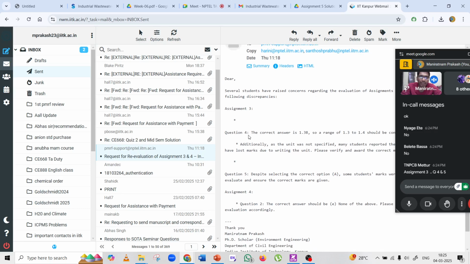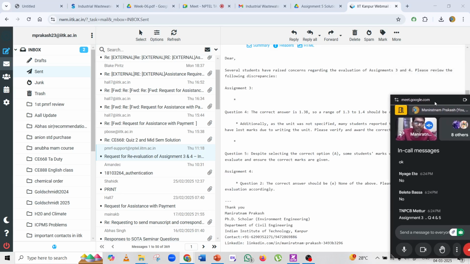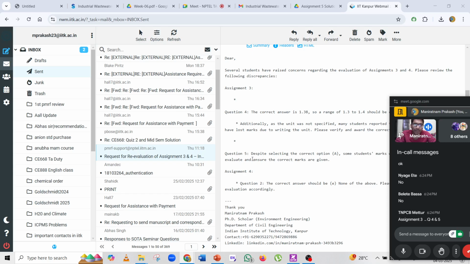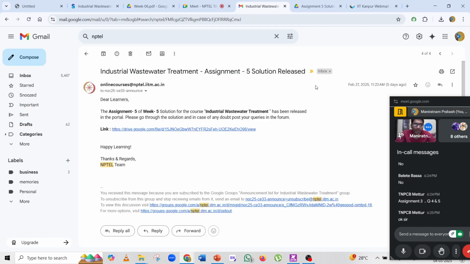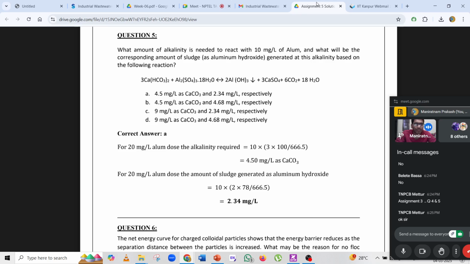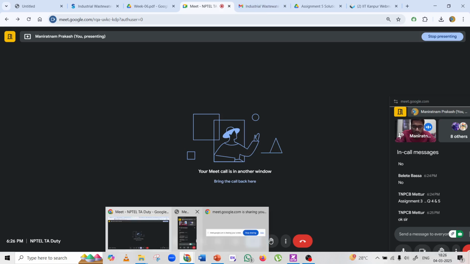You can see assignment 3, question number 4. Whatever problem you have said, I have already mailed. Question number 5, despite the correct answer, I have already mailed them. It will take some time for final resolution, but just wait. Before ending this session, I will make sure that you all get your deserving marks. Just have a little patience.